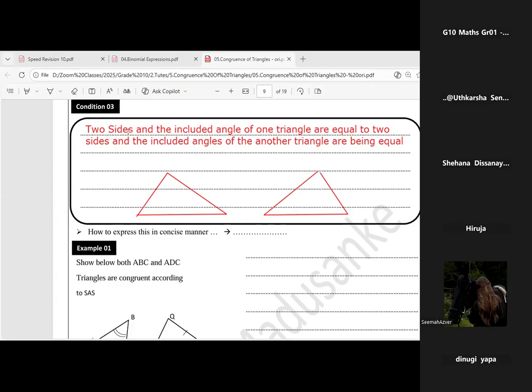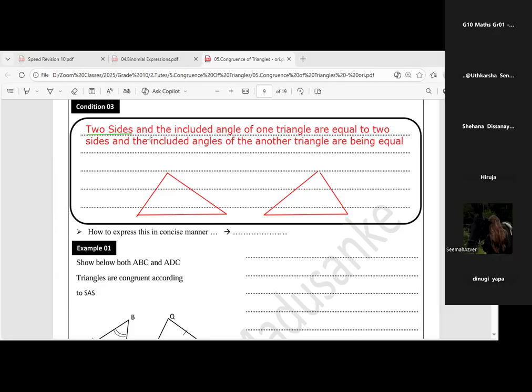Two sides, please highlight these two sides. There should definitely be two sides for a triangle. And the included angle. What is the included angle? I will explain it.